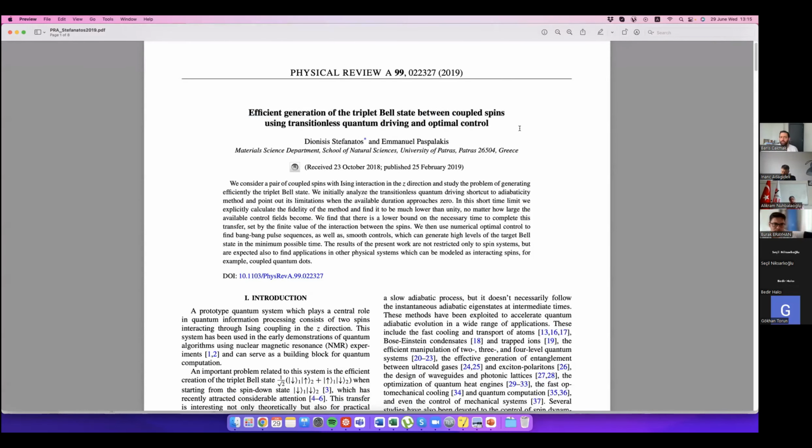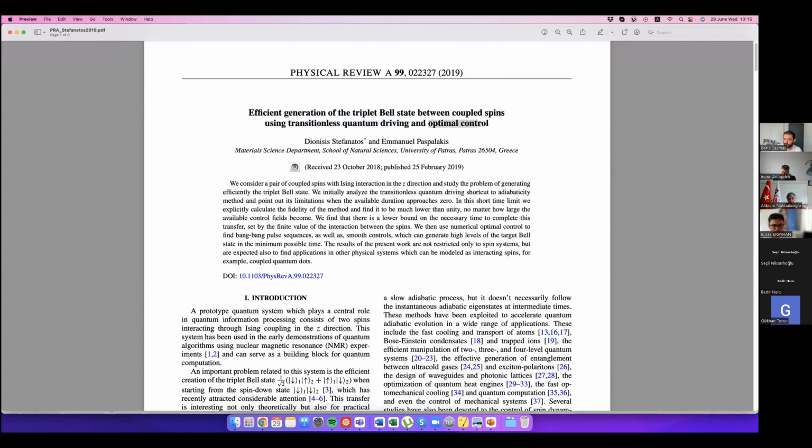For example, efficient generation of the triplet Bell state, which is a maximally entangled two-qubit state between coupled spins, using transitionless quantum driving. This transitionless quantum driving is exactly the counter-diabatic driving that we are talking about for these two days. So you can use these methods to generate entangled states, etc. They also use optimal control. They basically compare these two approaches in generating entangled states, okay?